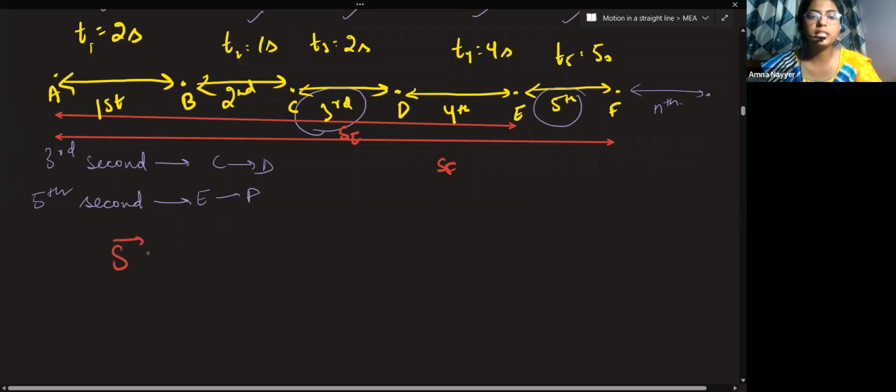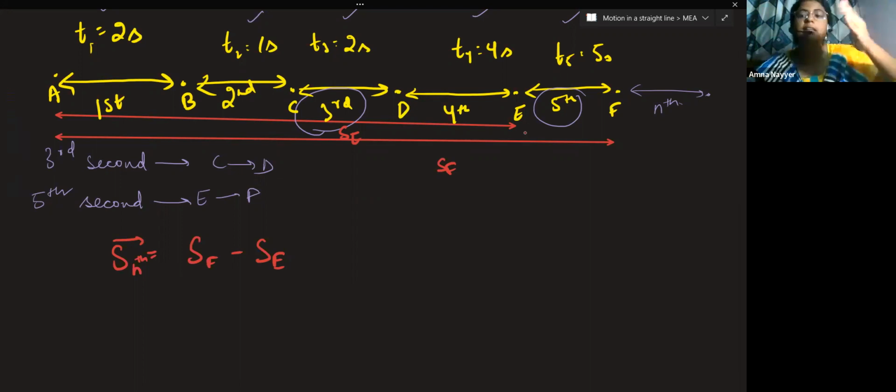So the net displacement that we are calculating in the nth second is actually SF minus SE. Whatever is the time covered, this is the displacement that we are trying to find. If I am referring to fifth second, that's how we calculate it.